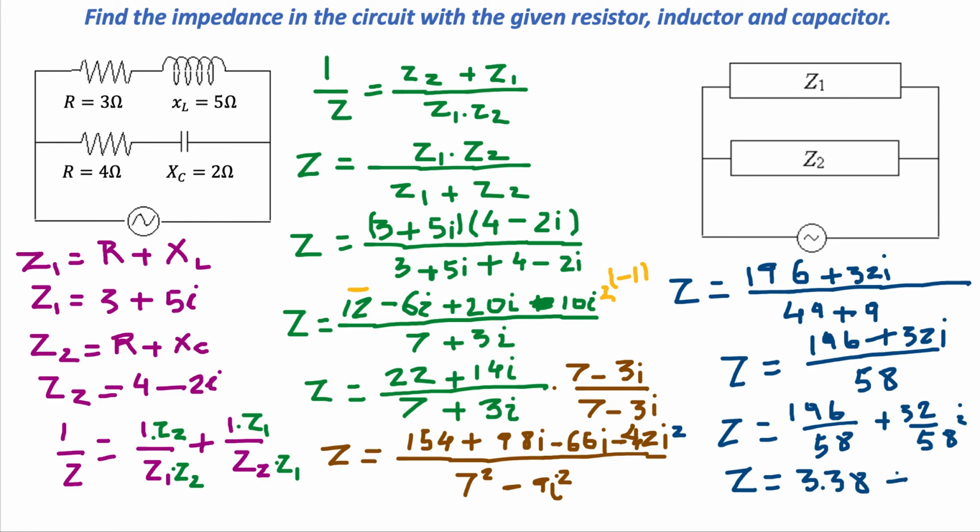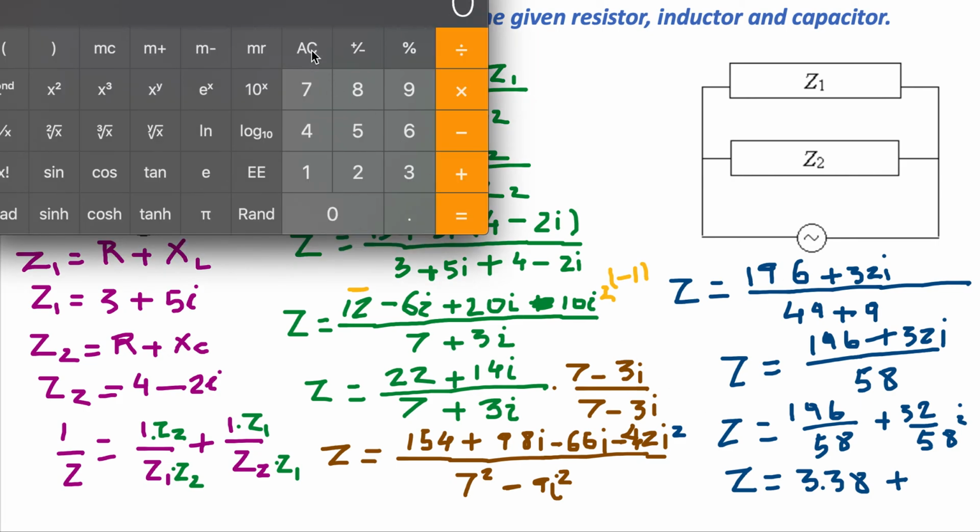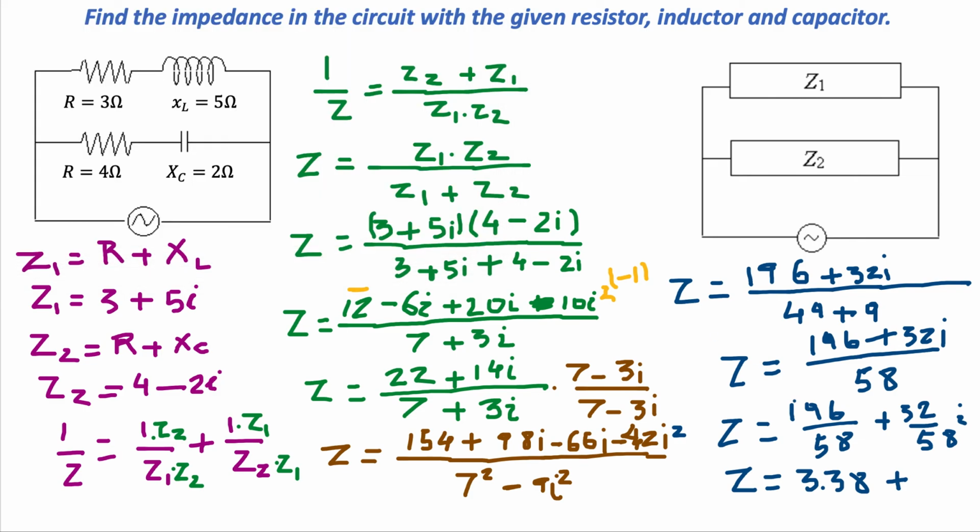Here the sign is a plus, and we can take this 32 divided by 58, which is 0.55. So I truncated to 2 decimal numbers. And that's it for this example.